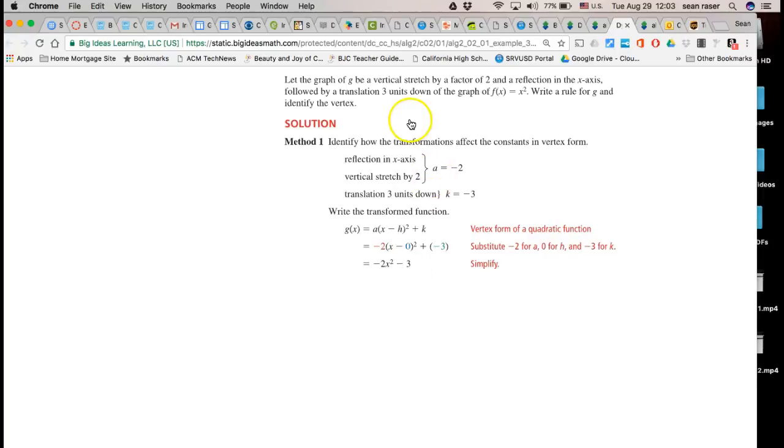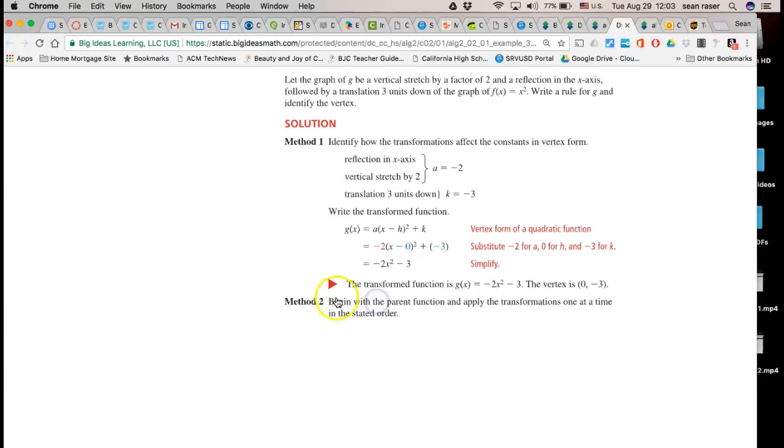So all we did for this method is we just went through and identified each transformation, and what these are in terms of a, h, and k, our constants, and then we just plugged them into our vertex form. That's method one, okay? That's the first way that you can go about and get your new function.